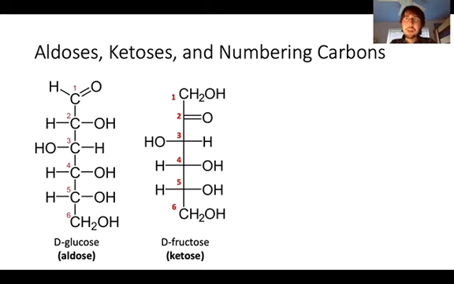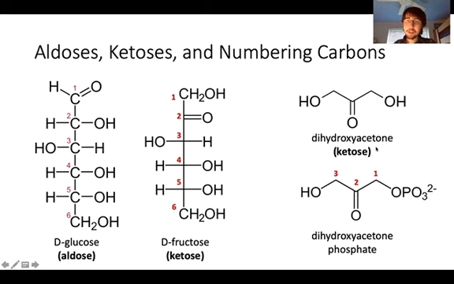Probably the only carbohydrate that we'll have to deal with in which it is not clear which side is closer to the carbonyl group will be dihydroxyacetone, because it's a triose, so it has 3 carbon atoms, and the carbonyl group is in the middle, so it's equidistant from the 2 end carbon atoms.